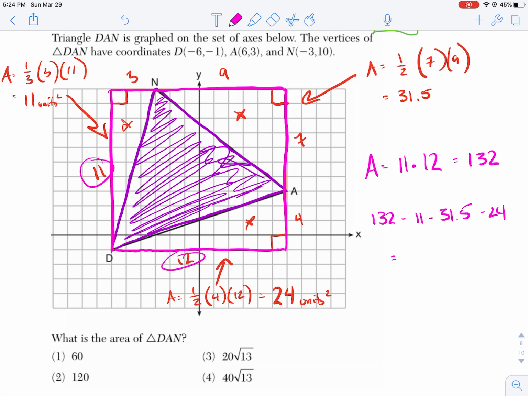That is not the answer. The answer is 60. How is it that I got that right there? I screwed up here somewhere. Where did that go wrong?